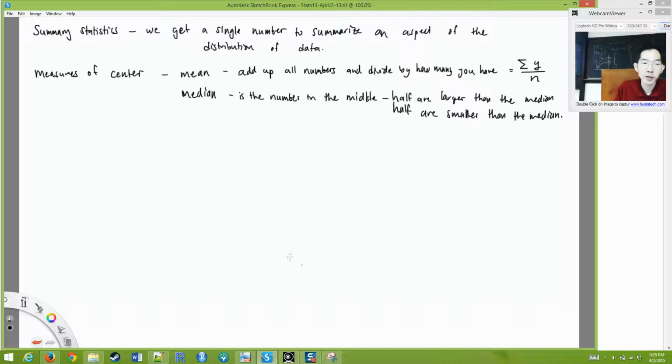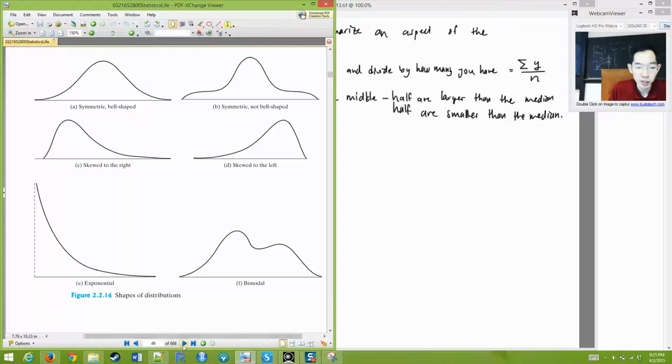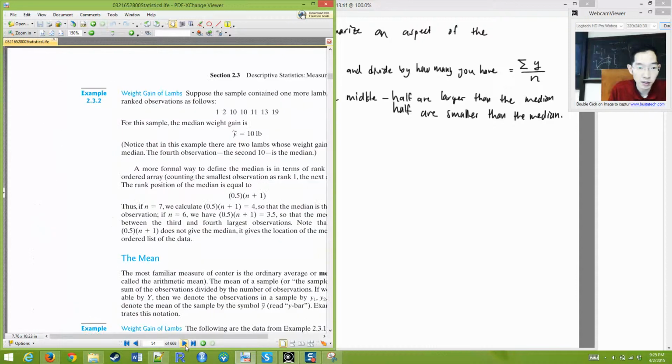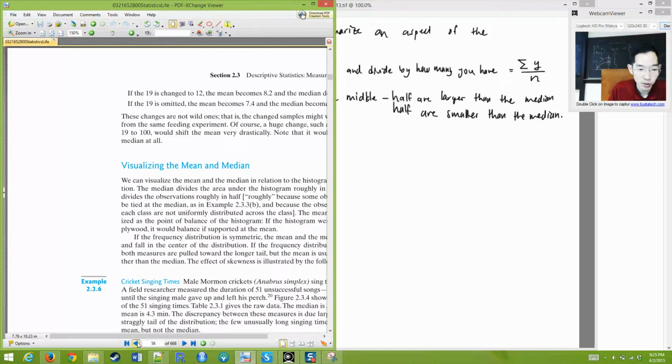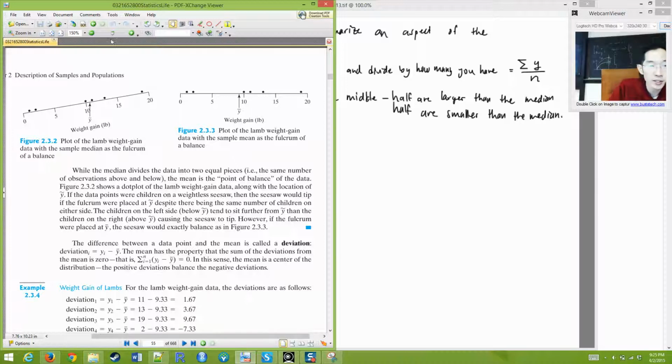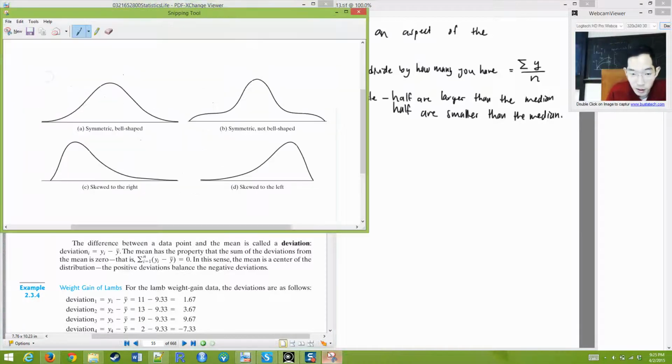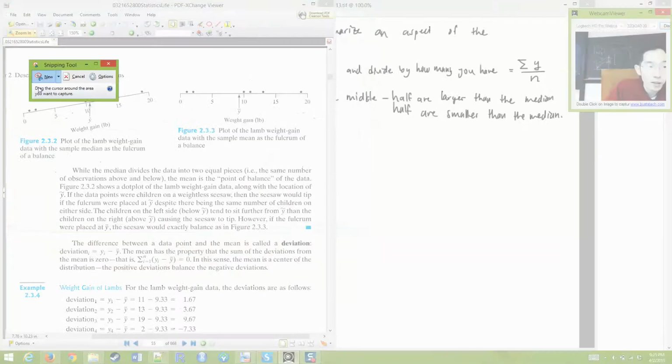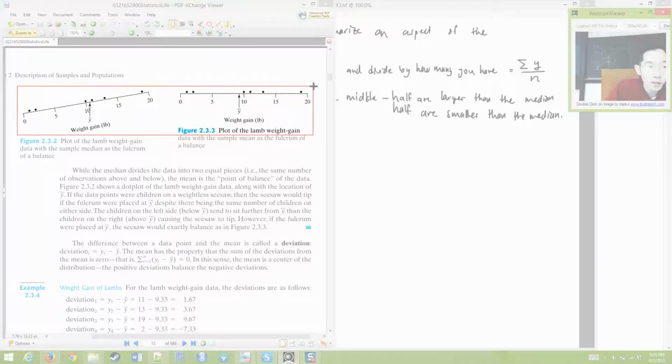Okay. The mean has a nice visual representation. It is the balance point of our data.